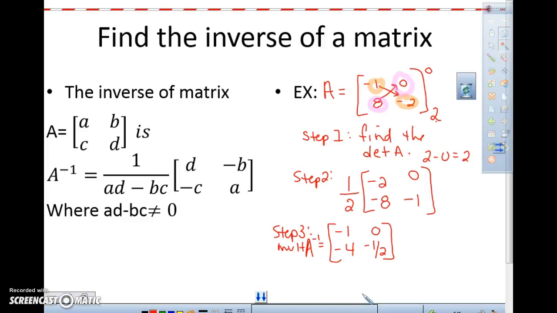If we took our original and our answer and multiplied them together, it'll give us all those 1s and 0s. Now, it all depends upon what the determinant was. If the determinant was 5, we'd have to multiply by 1 over 5. It's all the same.